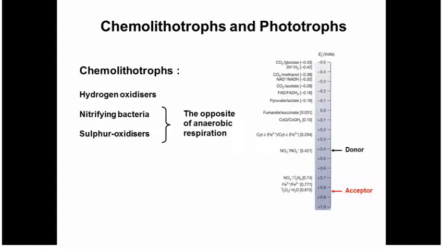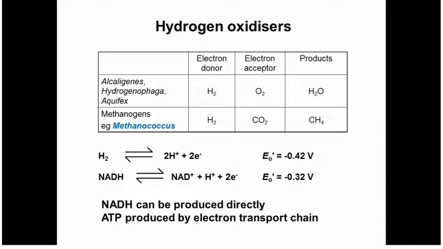For chemolithotrophy, ammonium and hydrogen sulfide will be the electron donor, and oxygen is the electron acceptor. So the tricky thing is that it's the presence or absence of oxygen which determines which way round it's going to go, whether the nitrogen and the sulfur compounds are going to be electron donors or acceptors. So that's generally how it works.